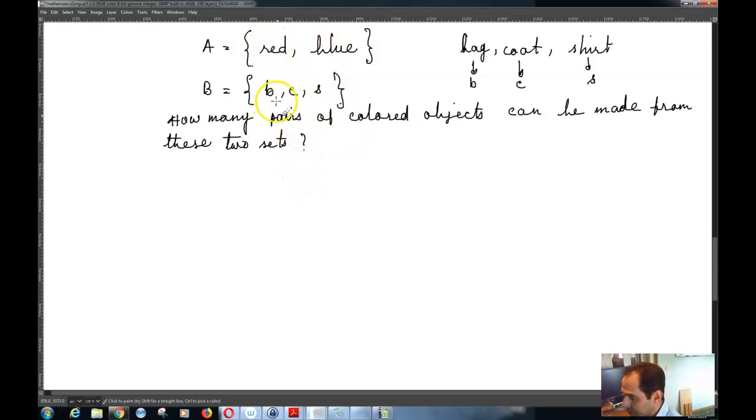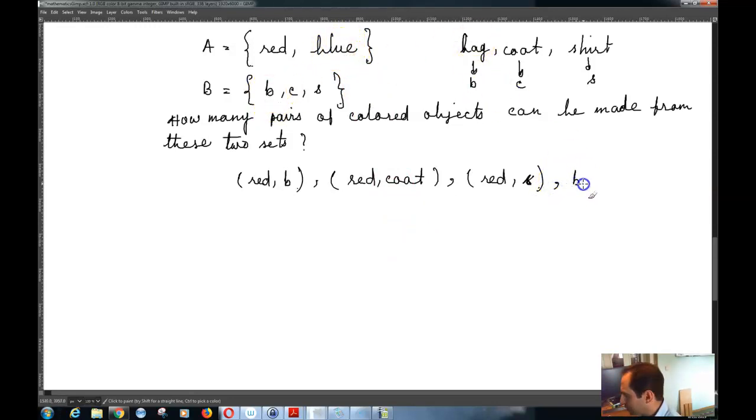That means that you can have a red bag, a red coat, and a red shirt, or red S. You could have a blue bag, a blue coat, and a blue shirt.